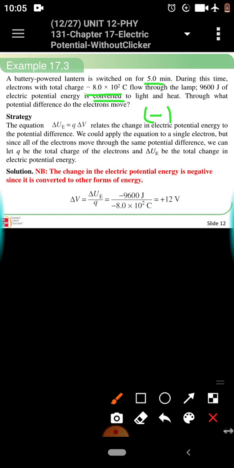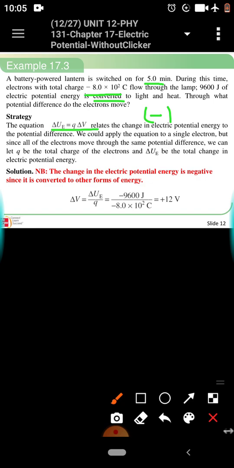do the electrons move? Remember, we need the equation that relates electric potential energy to the potential difference. You can apply this equation to a single electron, but since all electrons move through the same potential difference, you can let Q be the total charge of the electrons.